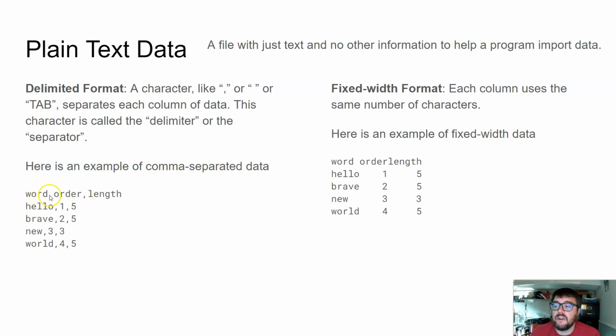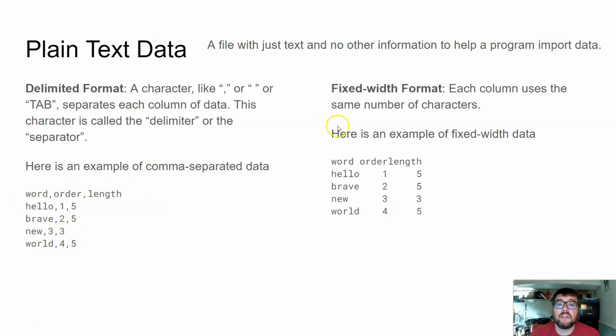The first row is going to be the column names. Each column name is separated by a comma. So there's comma, comma, end of line. And then each successive row also has the same format. So there's data, comma, data, comma. You can see that this first column has text, and then the other two have numbers. There's nothing in the file to tell the statistical software that that's the case. It's going to have to figure it out itself. But at least it can figure out what stuff goes together.